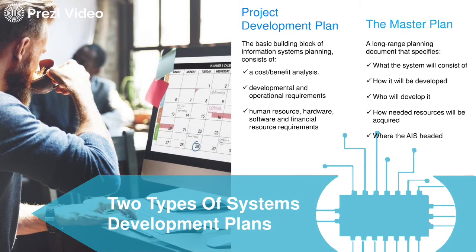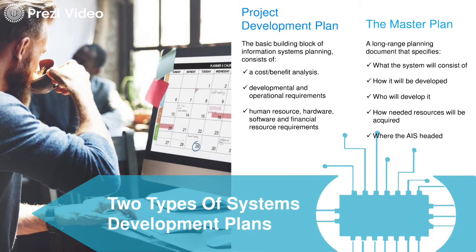We can also see this project development plan in the chapter on project management software, where we are going to use the software Microsoft Project. I will also touch on this project development plan in that topic.